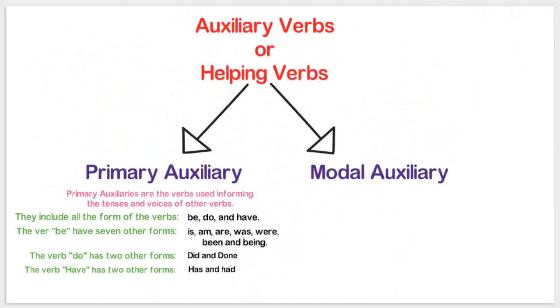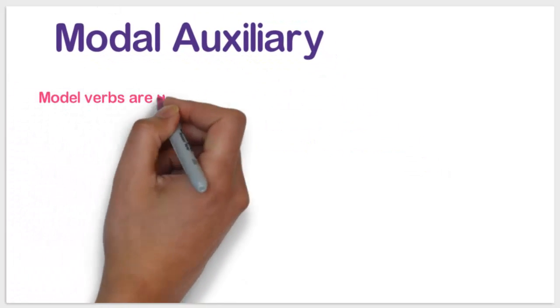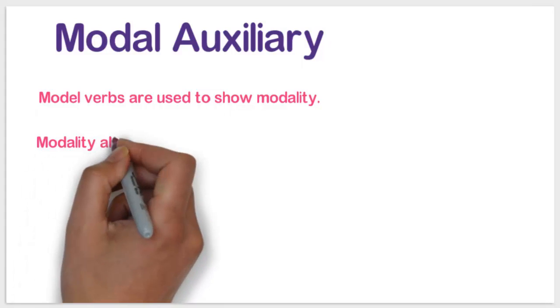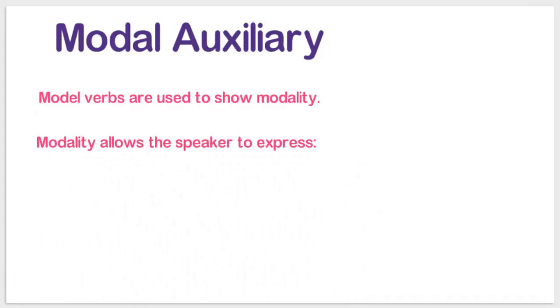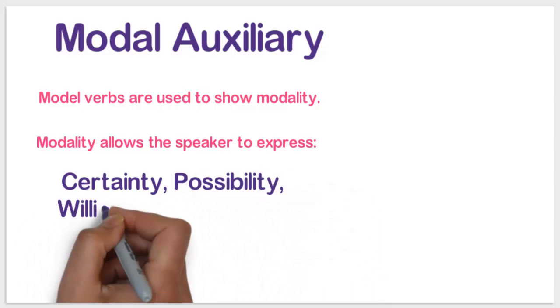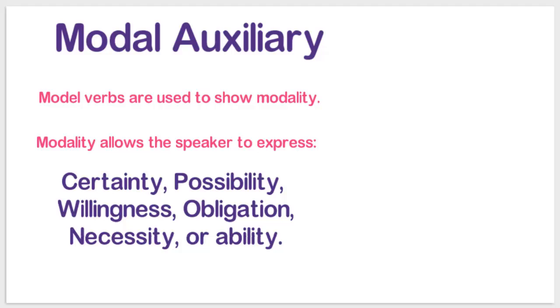The other form of auxiliaries or helping verbs is modal auxiliaries. Modal verbs are used to indicate modality. Modality allows the speakers to express certainty, possibility, willingness, obligation, necessity, or ability.